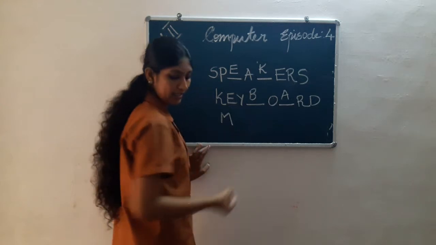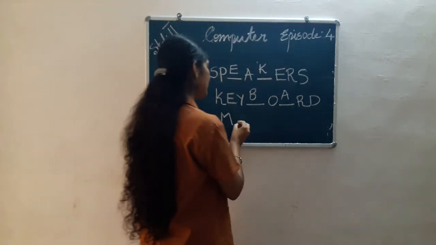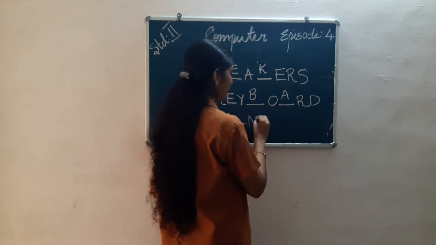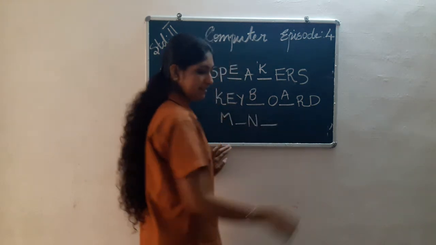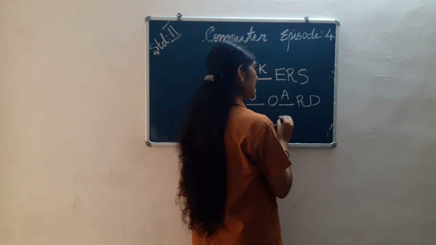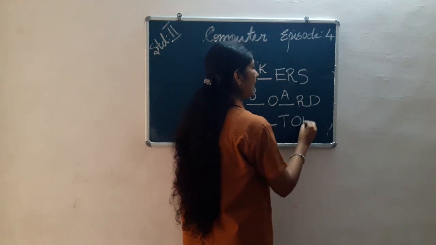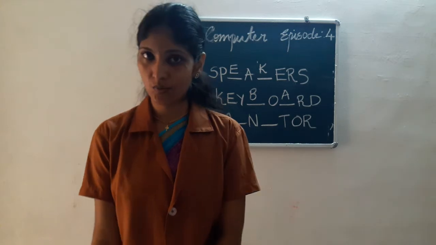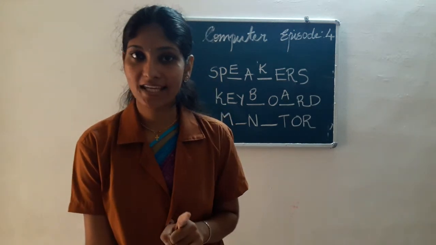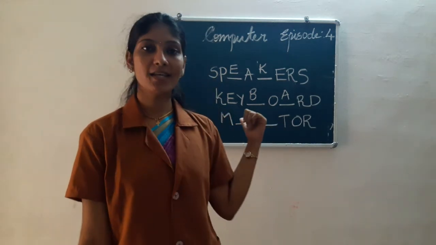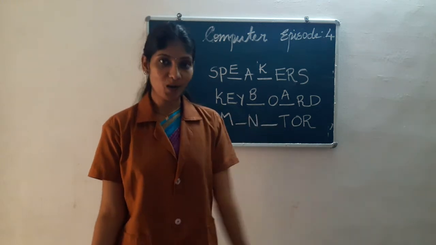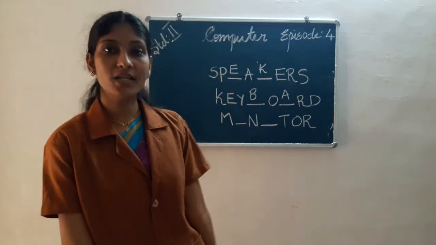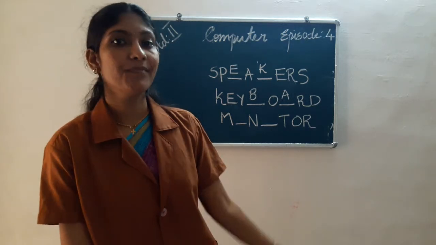And next is M. There is a missing letter here, and then N. Also there is a missing letter, and T-O-R. Here is a picture for this word, and it looks like a TV screen. What is the part here? Monitor. Yes, right. Can you identify which is the missing letter here?